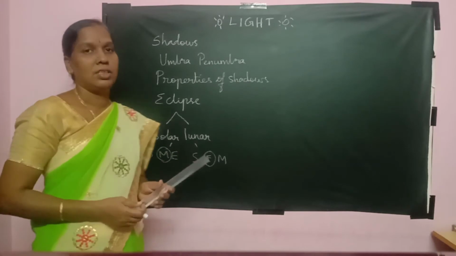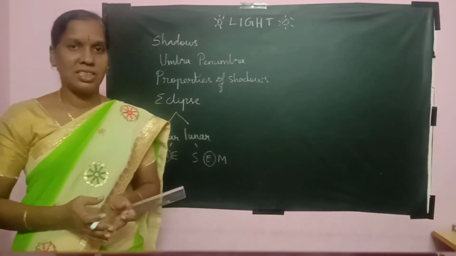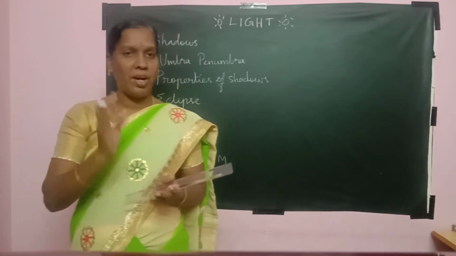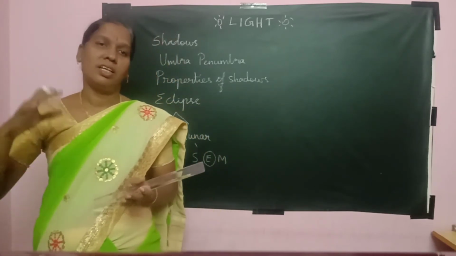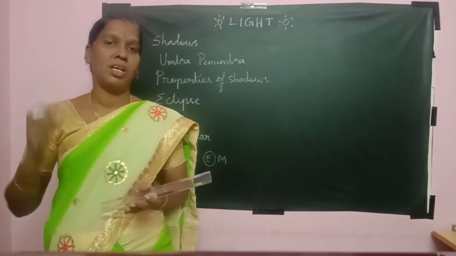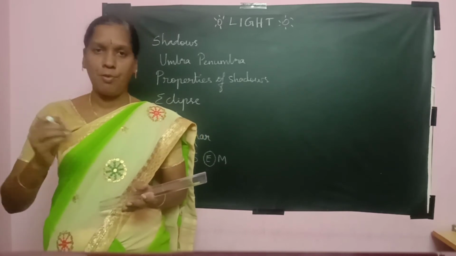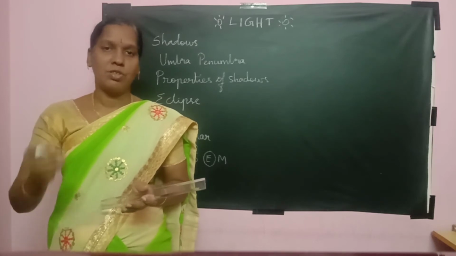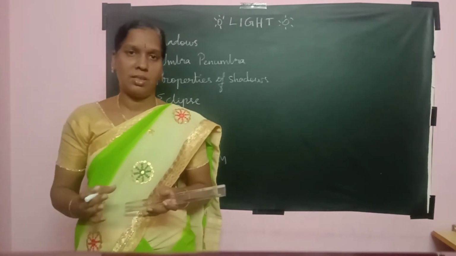Eclipse. So eclipse is an incident in which an astronomical body is partially or fully covered by another astronomical body in the presence of light. This occurs in case of solar eclipse or lunar eclipse.